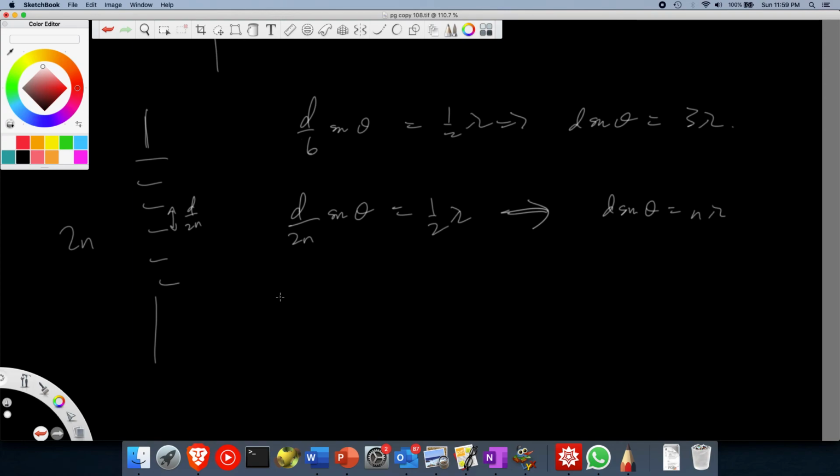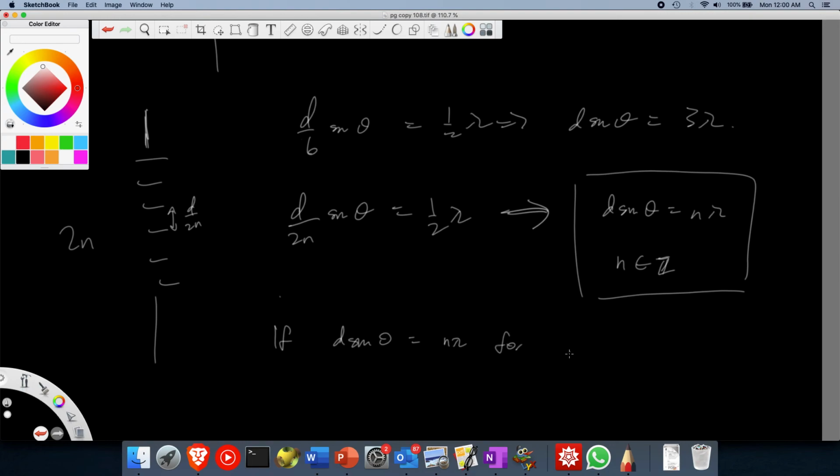We start off with n equals 1, where we split the big slit into 2 pieces, and we went on to n equals 2, n equals 3. So basically n is in the integers or natural numbers. So overall, if d sine theta equals n lambda for some n in the integers, then destructive interference.